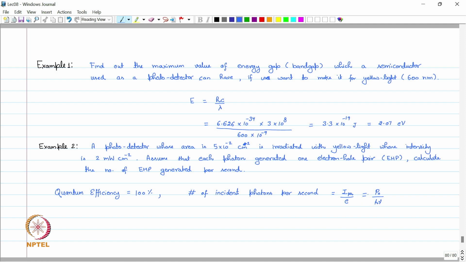So these two quantities are equal because we are assuming that the quantum efficiency is 100%.